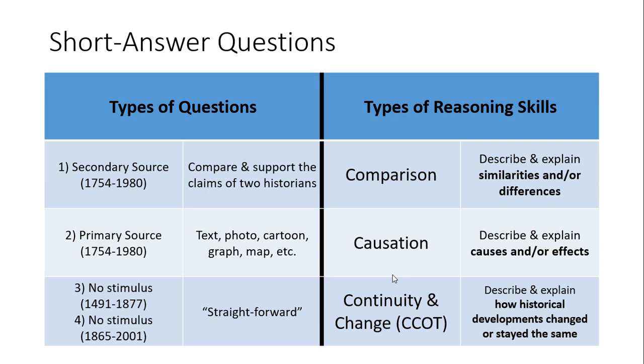What they're going to give you is two separate, kind of like paragraph long excerpts from a secondary source. So maybe we should review, but I hope you know the difference between a primary and a secondary source. A secondary source is basically a historian's interpretation of the past.